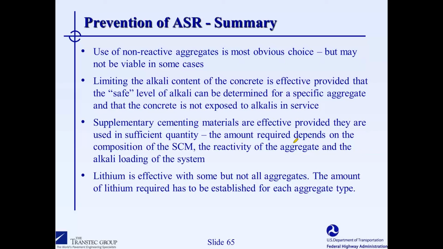Supplementary cementing materials are effective, providing they're used in sufficient quantity. The amount required depends on the composition of the SCM, the reactivity of the aggregates, and the alkali loading in the system. Lithium is effective with some but not all aggregates, and the amount of lithium required has to be established for each aggregate type.